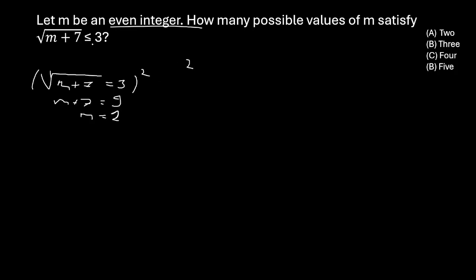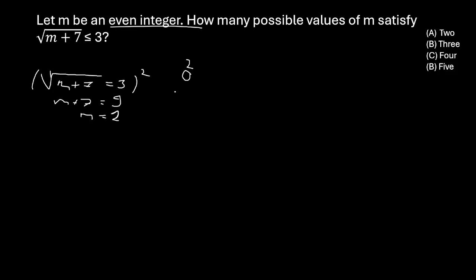This is less than 2 and an even integer. This is 0. It's actually an even integer, because 0 plus 7, square root of 7, I don't know what it is, but it's less than 3 because we know that square root of 9 is 3.